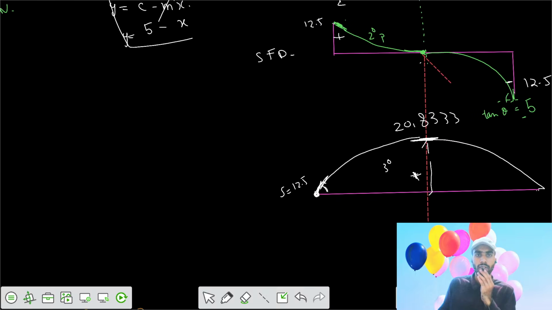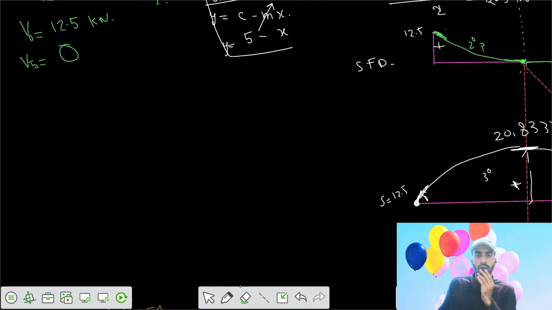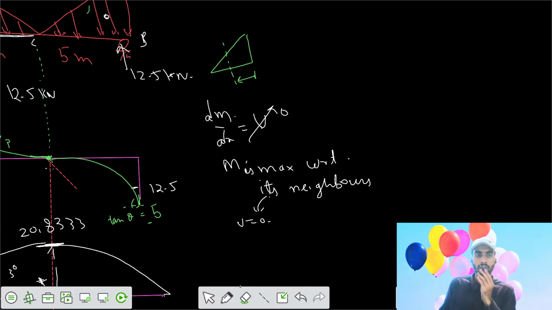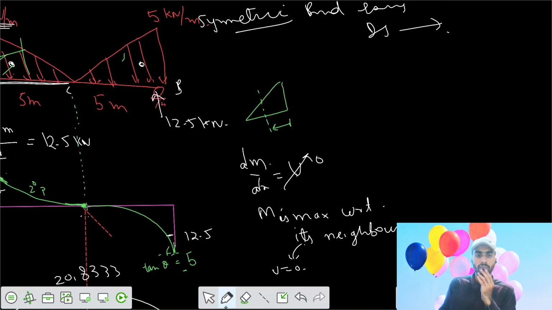Let's frame the question now. Let's make it more interesting. So we got the maximum shear force equals to 12.5 kilonewton, and your maximum bending moment equals to 20.8333 kilonewton meter. And the span of the beam was 10 meter, and the intensity was varying.